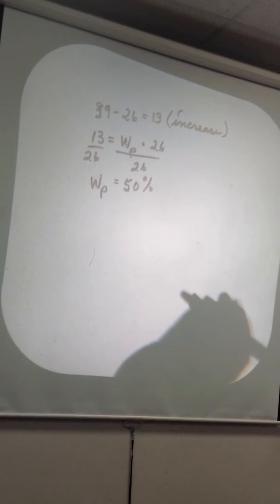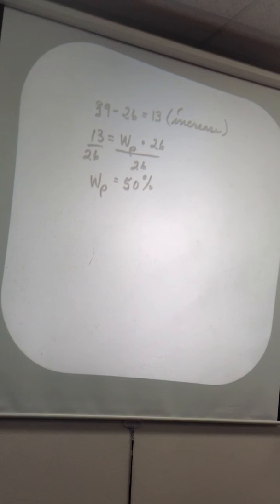Questions? Usually the question will come up, how do I know when I have to add for 100%? Like we did with the bacteria problem? You have to add 100% if it's increased by a certain amount.